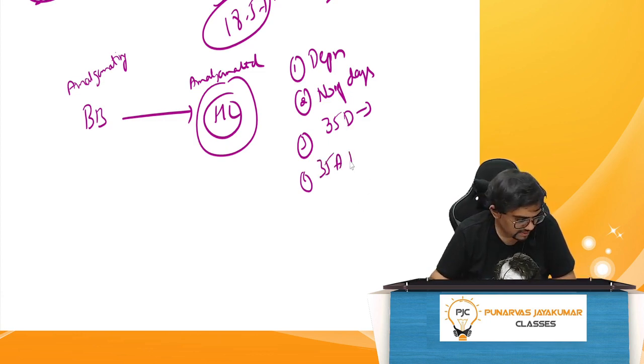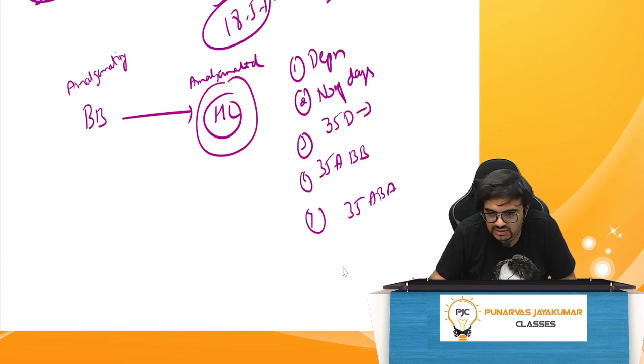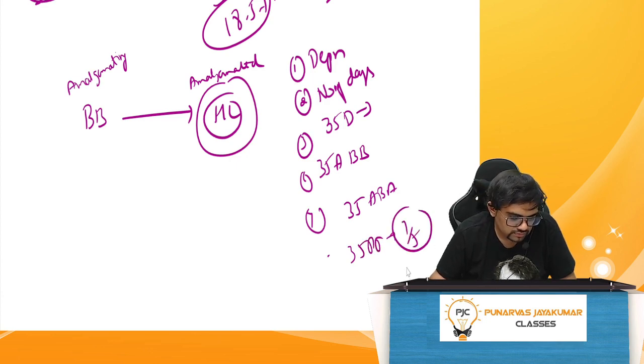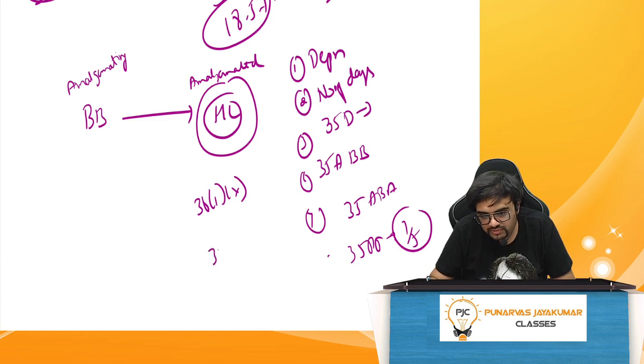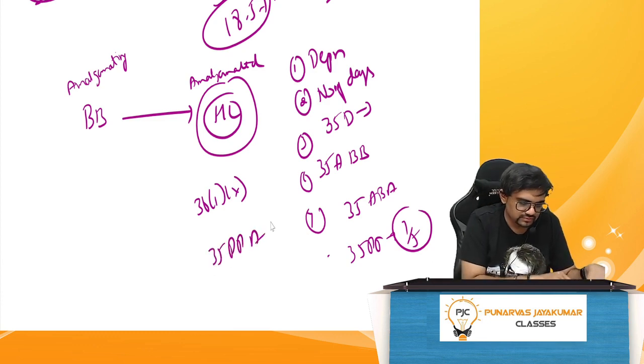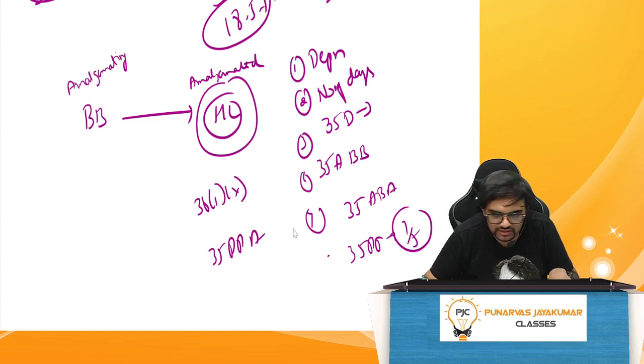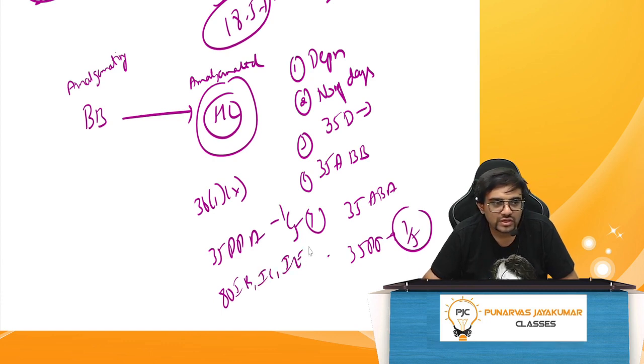Telecom license 35ABB, if you remember, that will also go to the other company. Spectrum 35ABA, that also will go. Expenses of amalgamation 35DD, 1/5 will be transferred. Capex 35AD, family planning 36(1)(ix), that also will be transferred. Voluntary retirement scheme 35DDA, that also 1/5 will go. All others, 35AB, 35IB, IC, IE, that also will go to the other person.